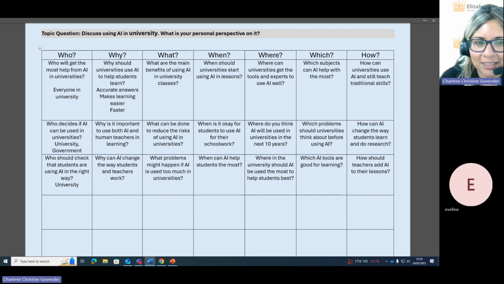So for me, I think it helps to reach all the students, especially, so I'm just going to say reach all the students. It helps, especially if you are learning English as a second or a third language. If you're using a translation app that has AI in it, if you're not sure how to get started with your assignment and you go to ChatGPT and you put in a prompt, it's going to help you with a starting point.